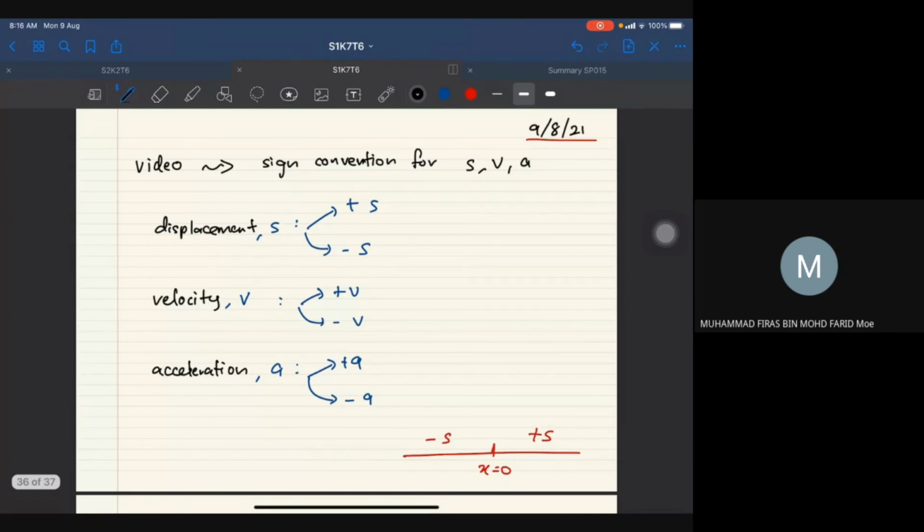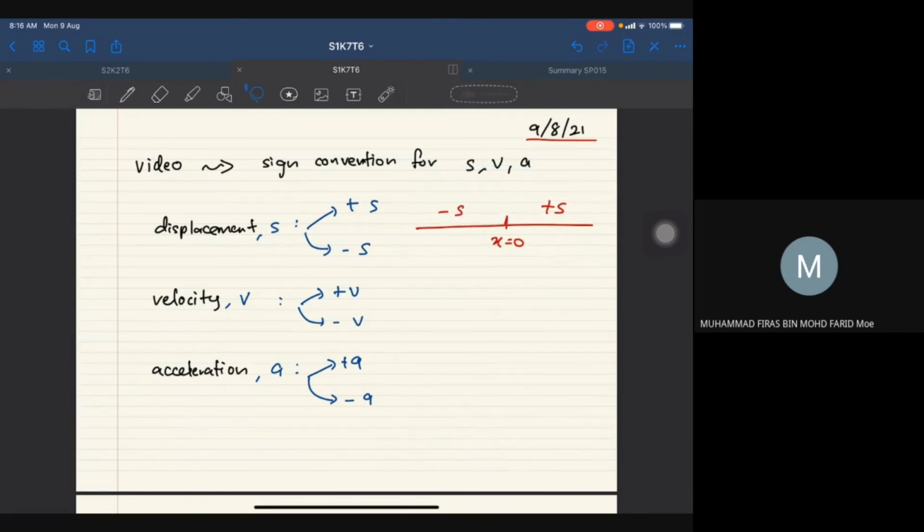Okay, velocity. Velocity is a vector. So you would expect positive V, which direction is it? Positive V, the direction is to the right. Negative V, the direction is to the left.